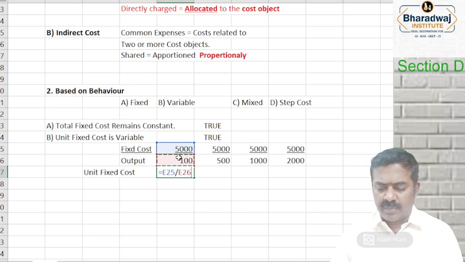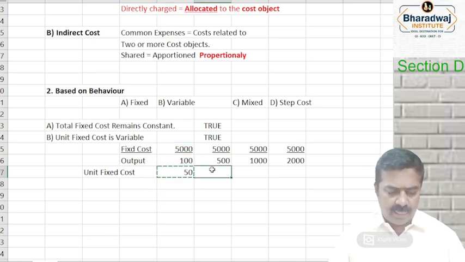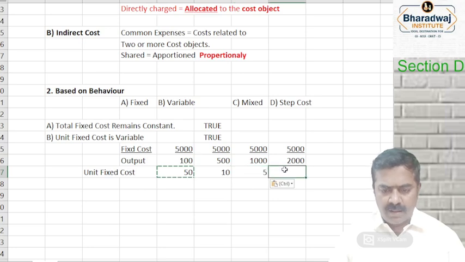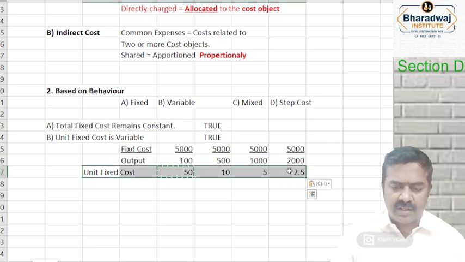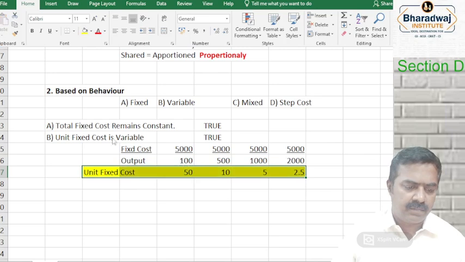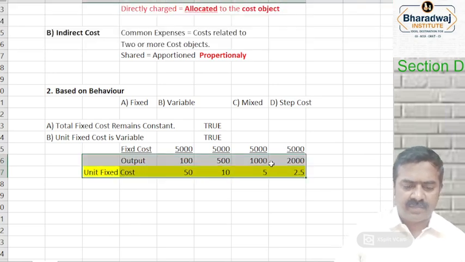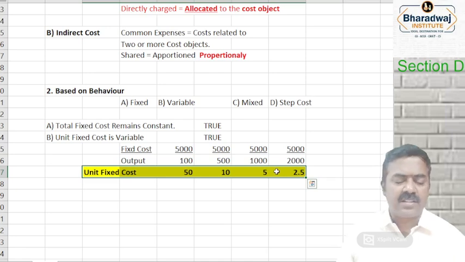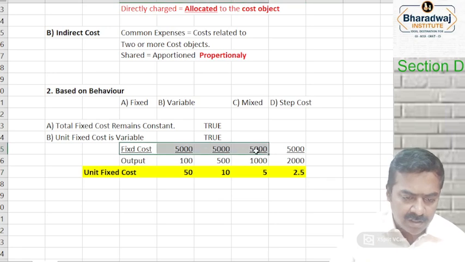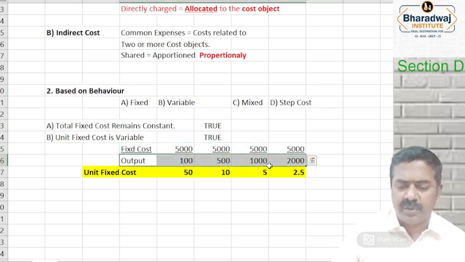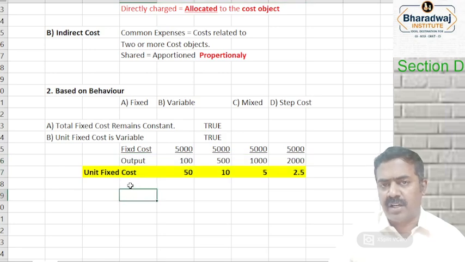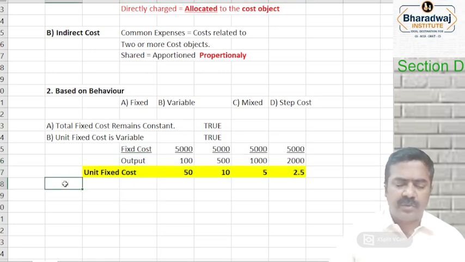Fixed cost divided by number of units. Is it changing or is it remaining constant? Unit fixed cost keeps changing because the same cost is shared by different number of units.